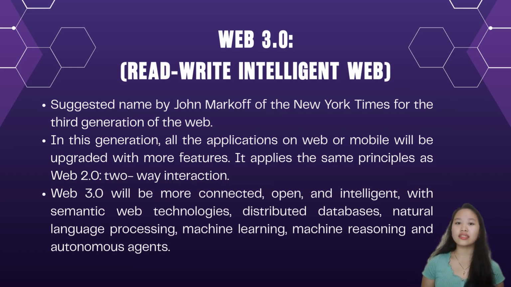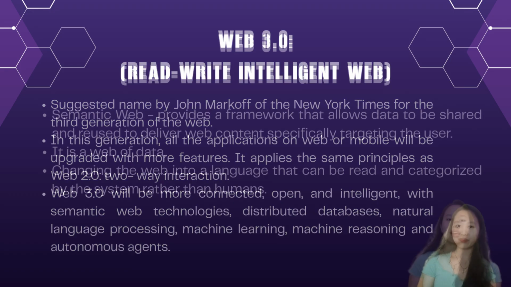Imagine your digital assistant like Siri, Alexa, or Google not just answering your questions, but anticipating your needs, like suggesting the best study time based on your schedule. That's the goal of Web 3. To make the web think for you.